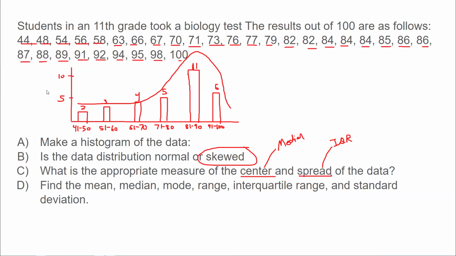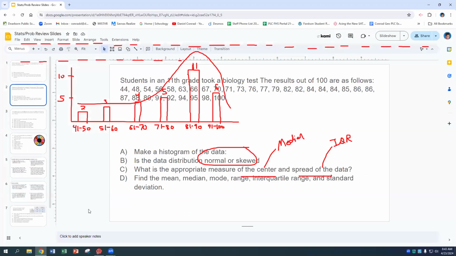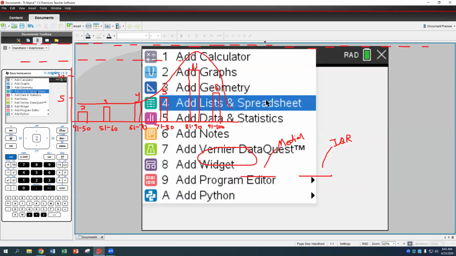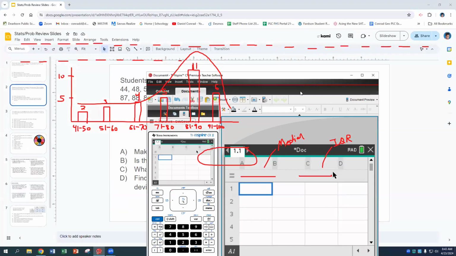Let's put these in our calculator. We're going to do a new list and spreadsheet. Okay, let's put them in.